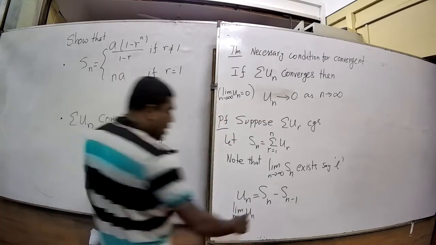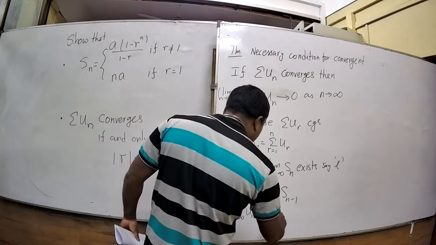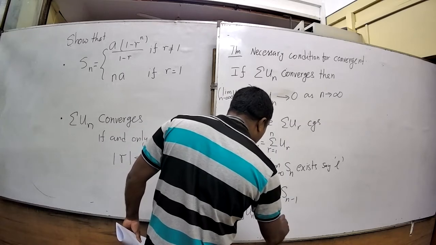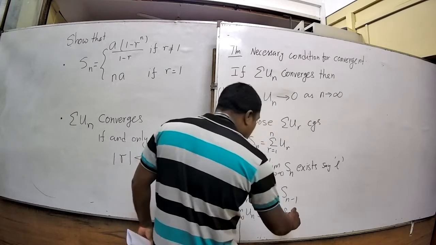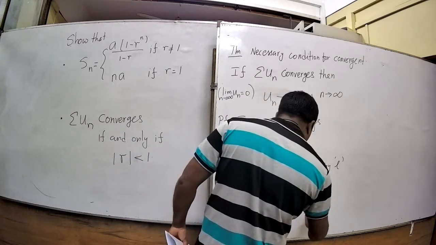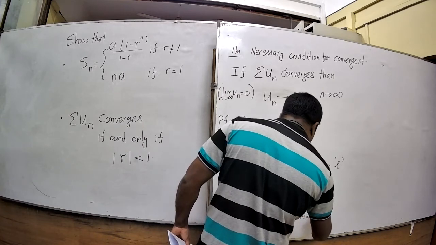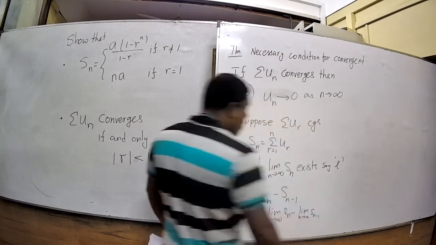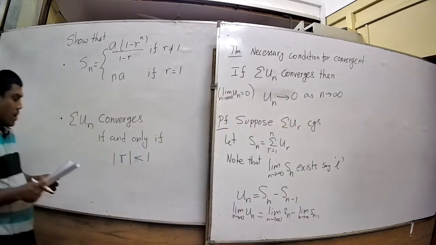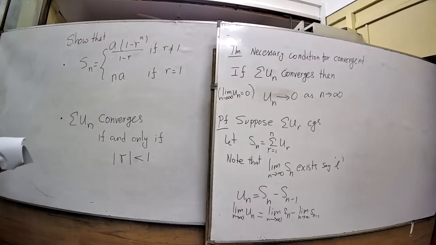This you already studied, that you can write the limit separately. So that is limit of Sn minus limit of Sn minus 1.